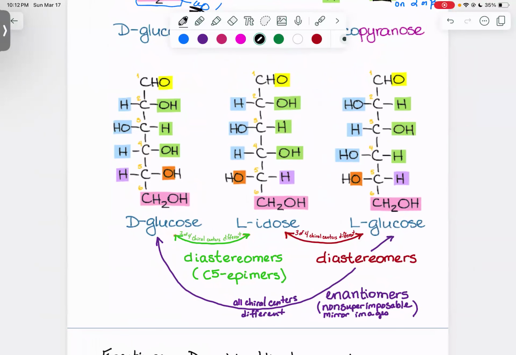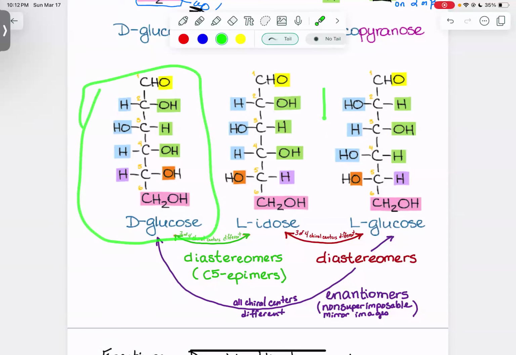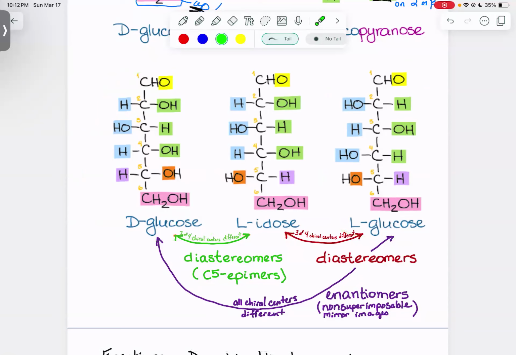So on the left, all the way over here, this is D-glucose, this is L-glucose. If I were to put a mirror between the two of them, I should have mirror images. The way that I check that is I look at carbon number 1. As long as the same elements are there, it's good, because that carbon is not chiral.